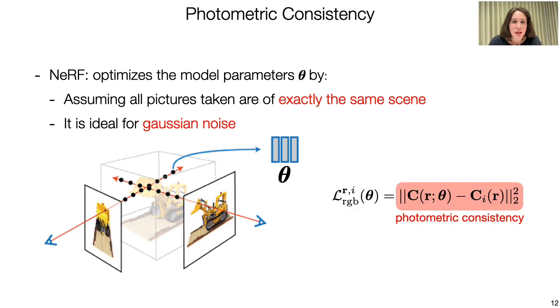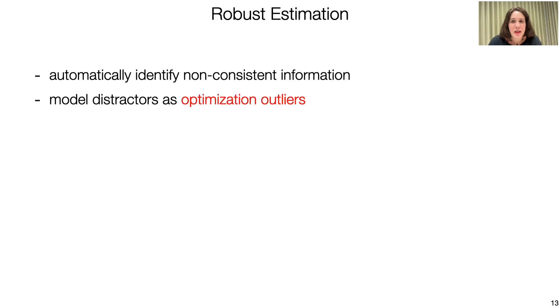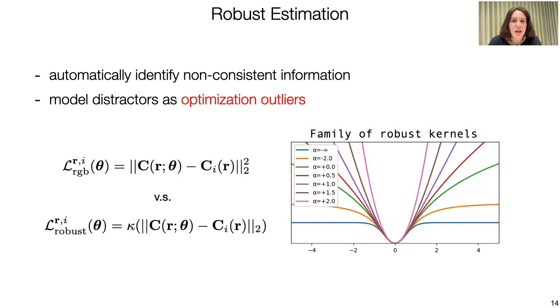In particular, the L2 reconstruction loss is sensitive to outliers like a transient object or a shadow cast by the person capturing the scene. So the obvious solution is to use a robust loss which can model distractors as optimization outliers. A robust loss replaces the L2 reconstruction loss with a robust kernel.